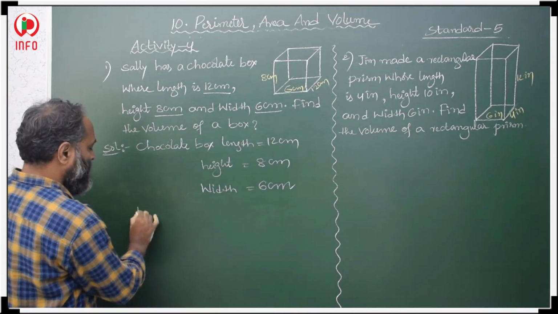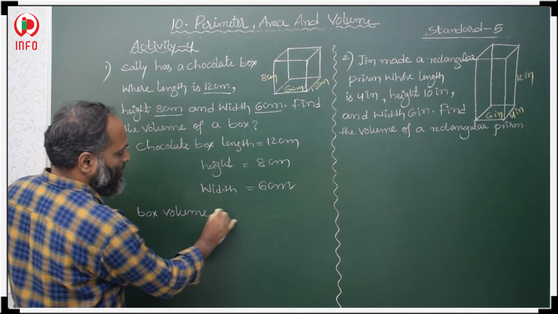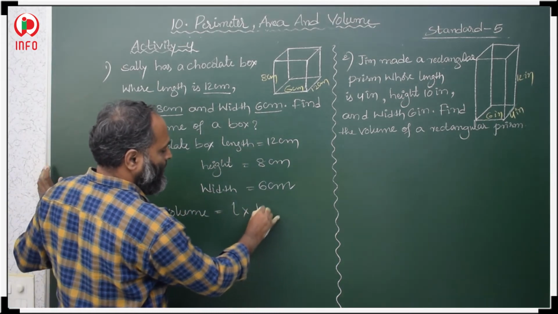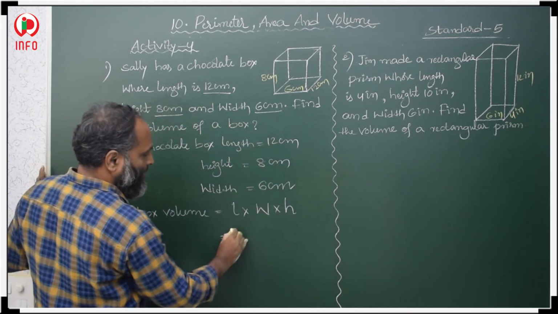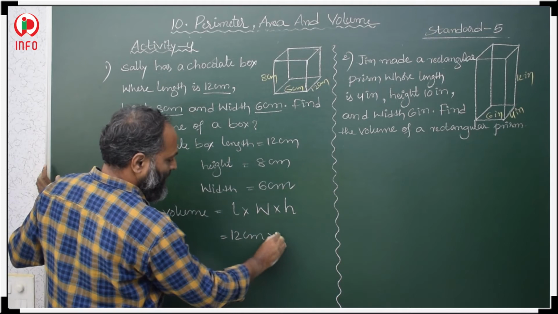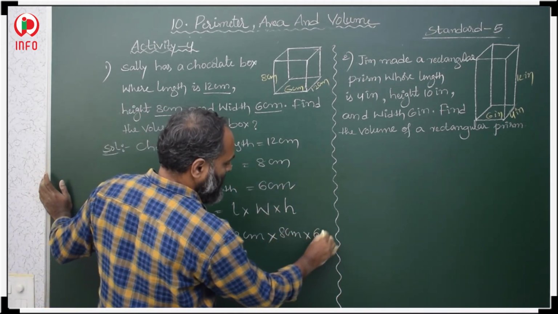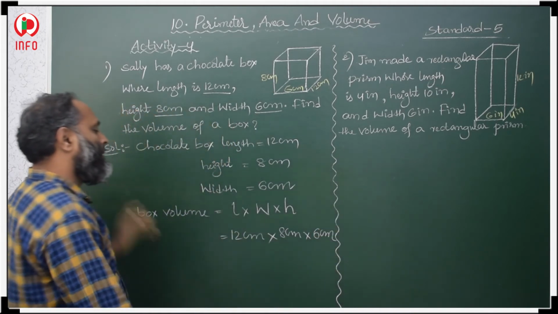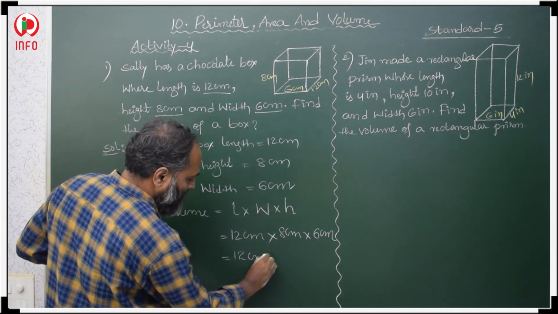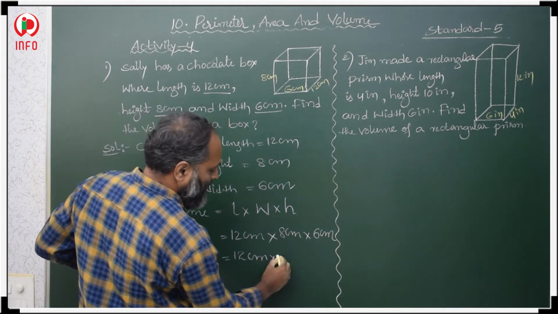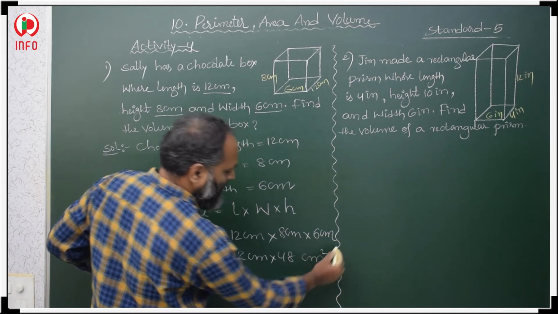So box volume is equal to length into width into height. What is the length here? 12 centimeters into 8 centimeters into 6 centimeters. Now 12 centimeters same, 8 6s are 48, centimeter into centimeter, centimeter square.